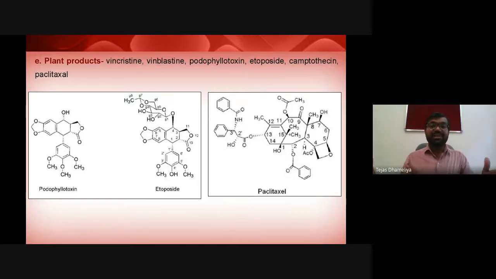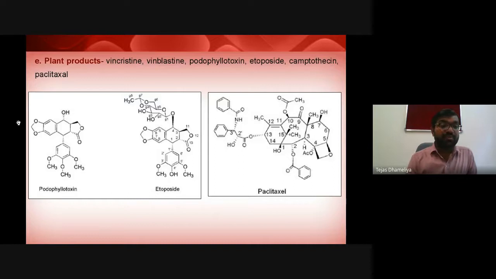That's why it is termed as Himalayan May apple, the name of the tree. And from its bark, this chemical constituent is obtained, called podophyllotoxin. That is also one of the important chemical constituents.